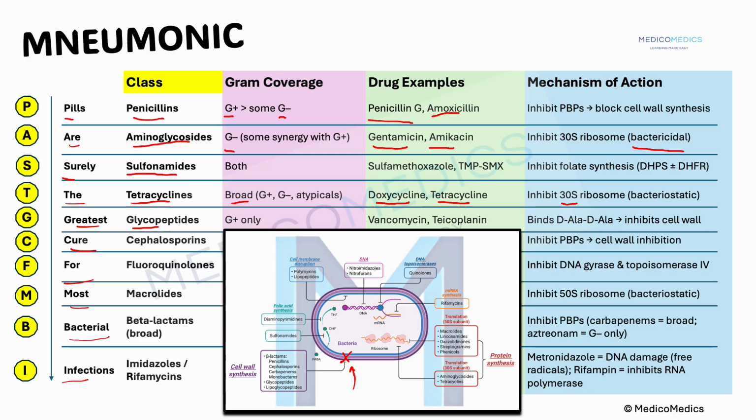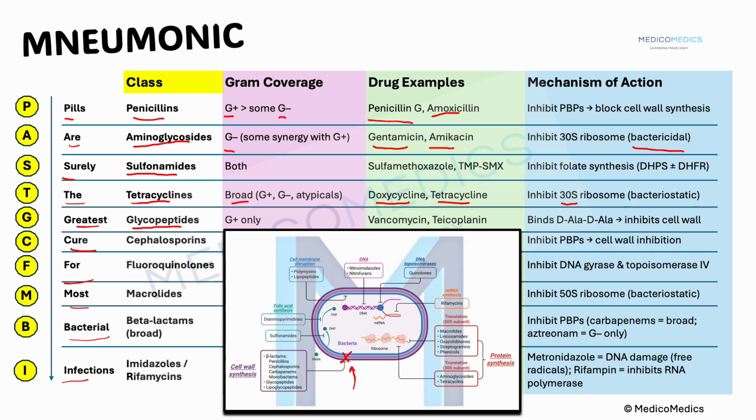Now then, let's revisit the wall with glycopeptides. But this time, let's revisit it from the inside out. See, glycopeptides like vancomycin, they don't target enzymes. Instead, they bind directly to D-Ala-D-Ala tails on peptidoglycan precursors, preventing the wall from being built in the first place.